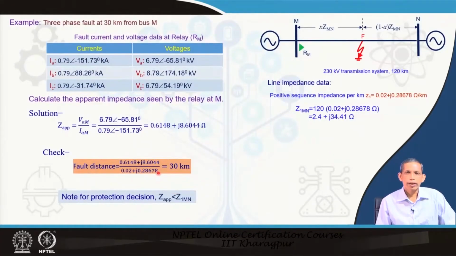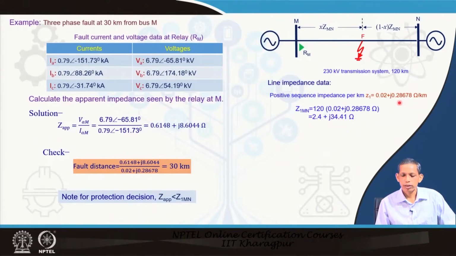Now, we will go to an example for such a system: a 230 kV system with a 120 kilometer line length. The positive sequence impedance per kilometer, small z1, is 0.02 plus j0.28678 ohm per kilometer, obtained from the resistance and inductance of the line.